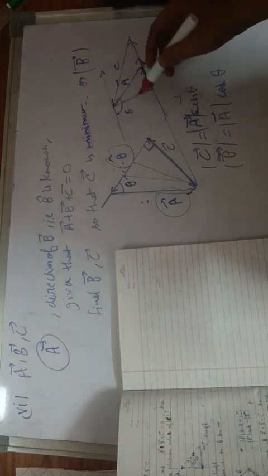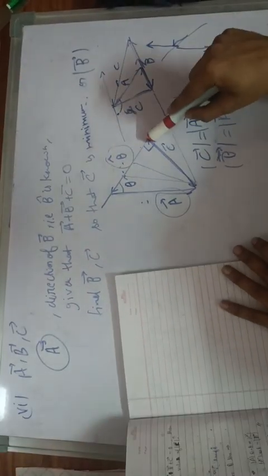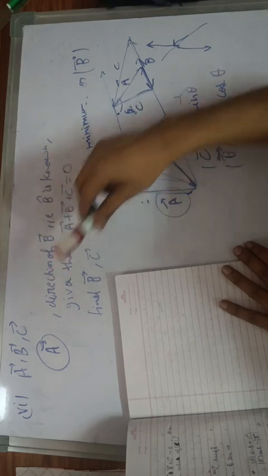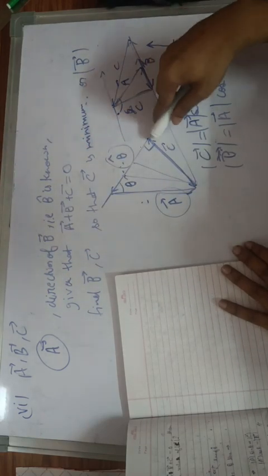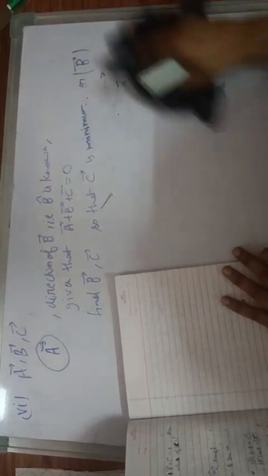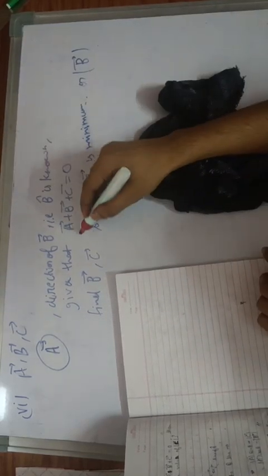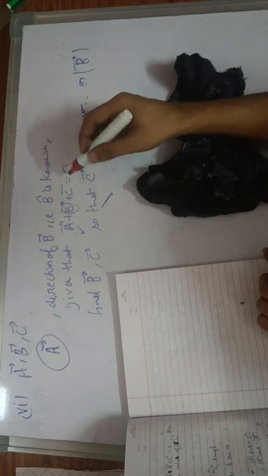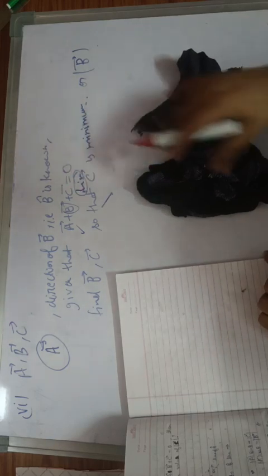So this B vector points in this direction, then A vector, then C vector gives 0 here. That's how we will try to do it when such a type of problem occurs, where we know this vector, we know the direction of this, and we want to find this minimum value, so we can use this way.